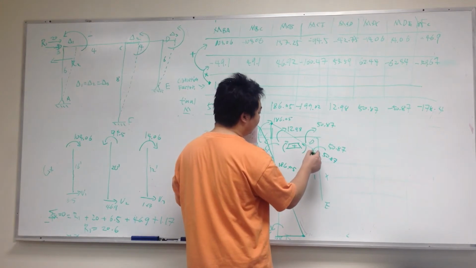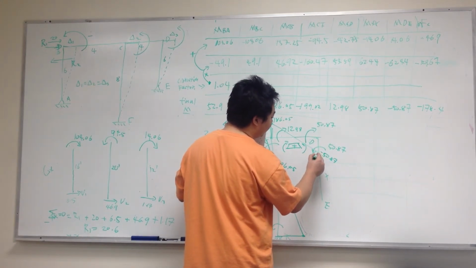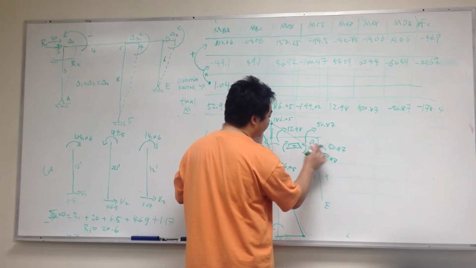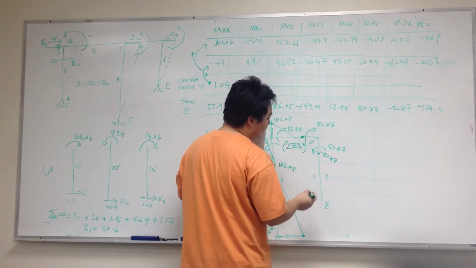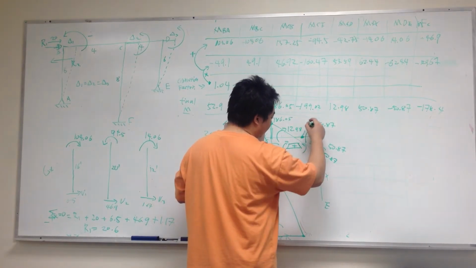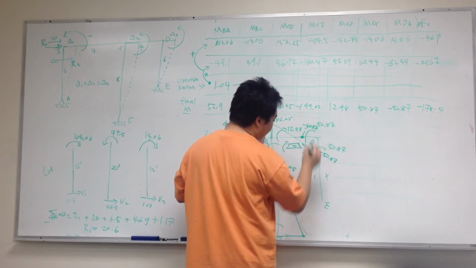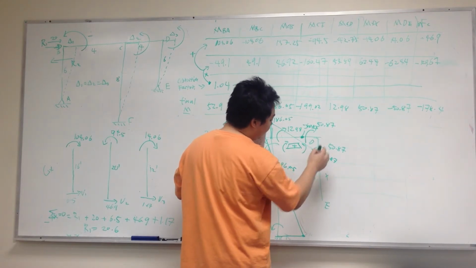When you have moment at this point, you have to bring the negative side because this is negative. It didn't end at 0, so you have to carry this to the negative side, which is equal to negative 50.87. So for the last part, D to E, you have this.